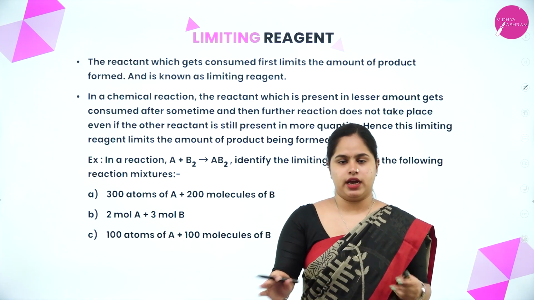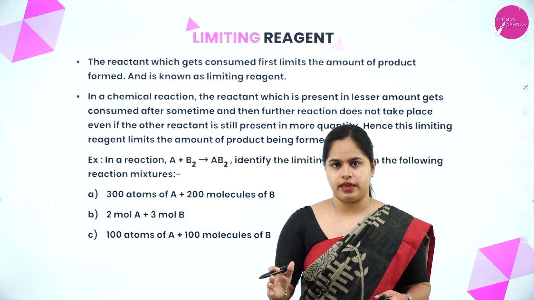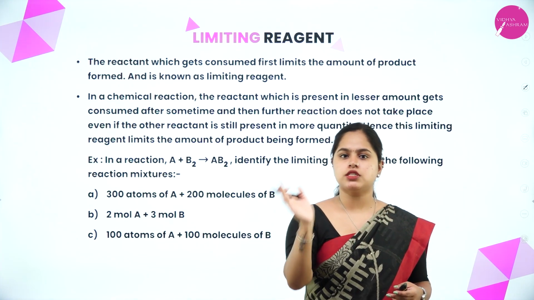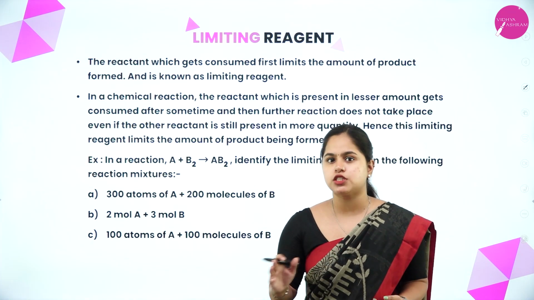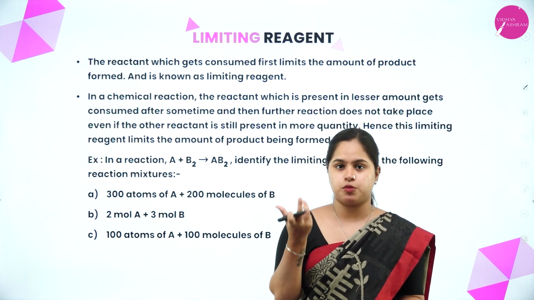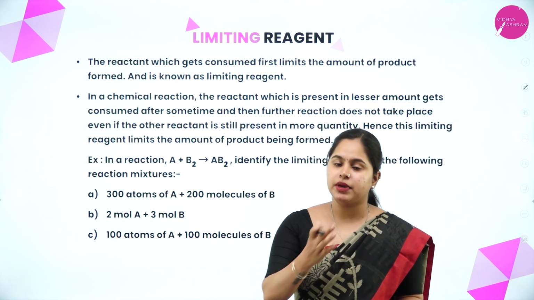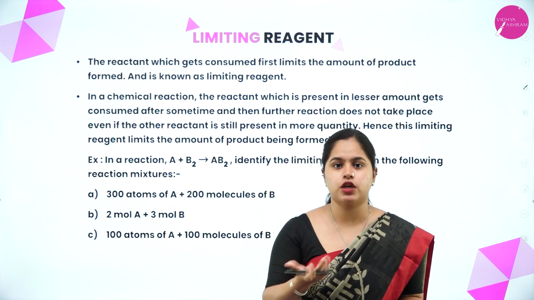So now that reactant is not present there. Only the reactant which was present in more amount is present. So your chemical reaction will stop happening, right? Because of the lesser quantity, your chemical reaction stops. So, that particular reactant is called your limiting reagent.